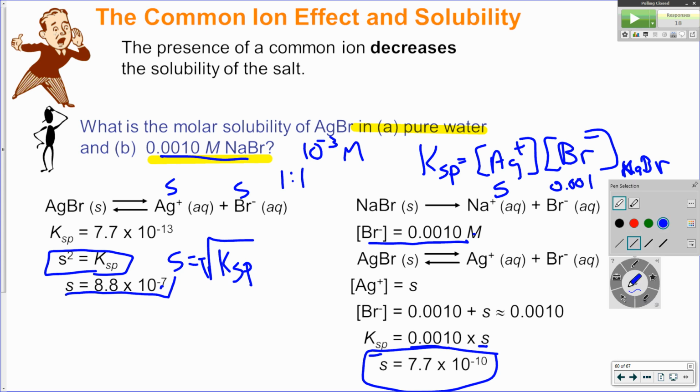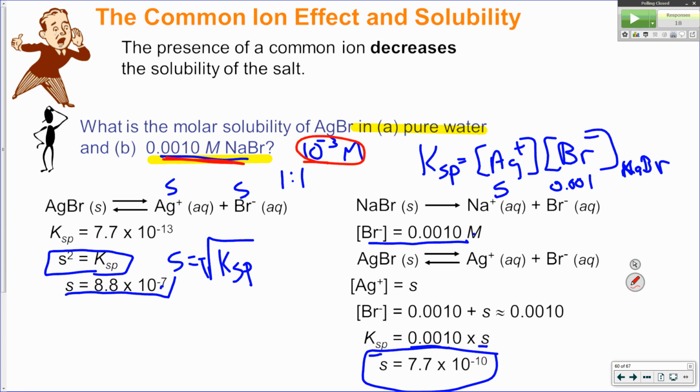Okay, so just the simple addition of this salt being present at 1 times 10 to the minus 3rd molar changed this to 10 to the minus 10th, where it was 10 to the minus 7th. It changed it 1,000 times, or 3 orders of magnitude. That's the reason we have to be aware that these co-ions being present can greatly influence the solubility.